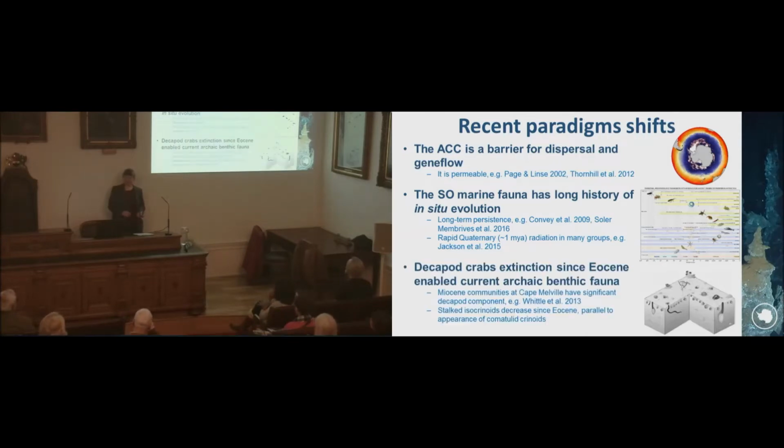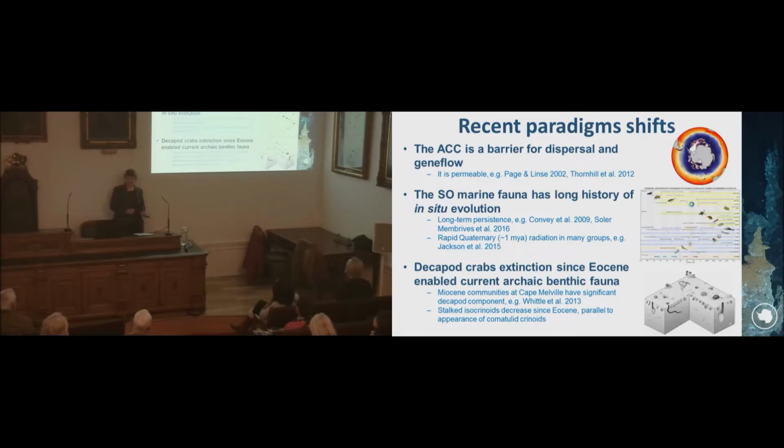And something else I grew up with in my science career was that decapod crabs in the Antarctic got extinct in the Eocene. And this was the reason why the modern Antarctic benthic fauna is quite archaic, that we have a lot of these fragile taxa, like the stalked crinoids and the comatulid crinoids that you can find in large abundances, because they don't have these shell-cracking predators like the crabs.